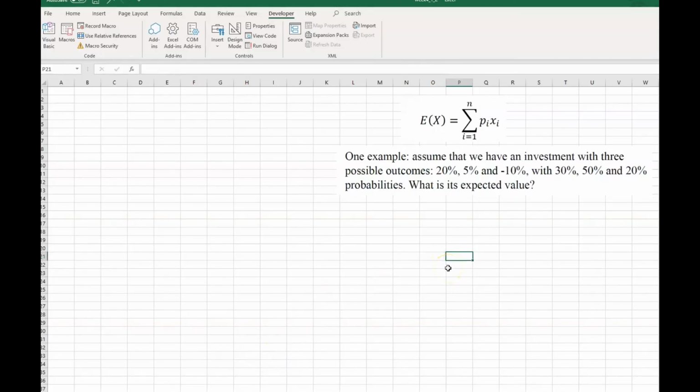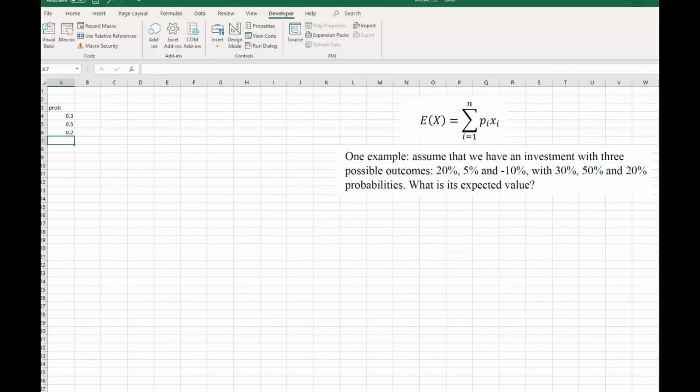Here we are going to use Excel to calculate expected value. There are 3 possible outcomes, and because there are only a few numbers, we simply enter our values. So this is probability. We have 3 probabilities: 30%, 50%, and 20%.